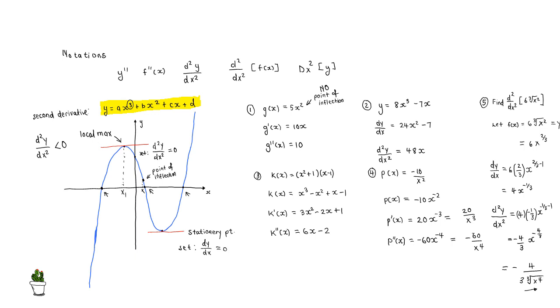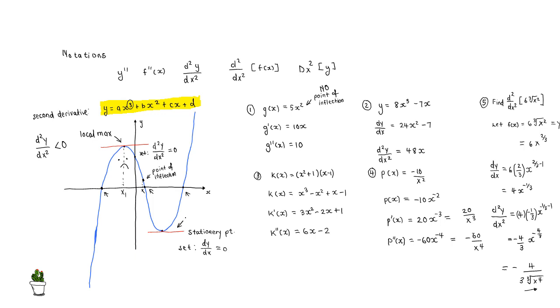Remember with our parabolas, if it's facing down like this, then it's a sad parabola. So if you are sad, you are negative. So the second derivative is negative at a local max.